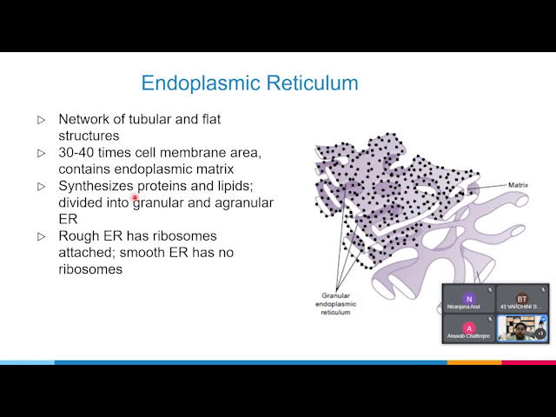It is majorly involved in the synthesis of proteins and lipids. The proteins are synthesized mostly in the granular endoplasmic reticulum, which has ribosomes embedded in it, and the lipids are synthesized in the agranular or smooth endoplasmic reticulum. As I said, rough ER has ribosomes attached to it, and smooth ER has no ribosomes.